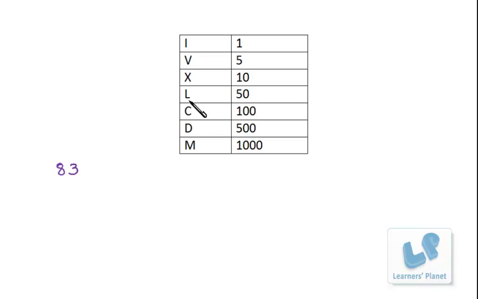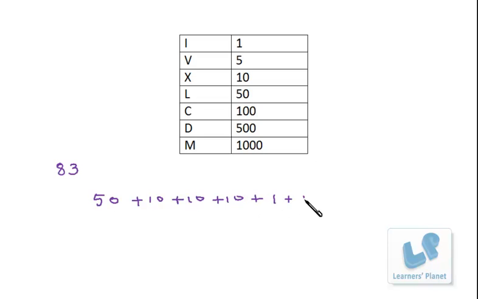So what we do is we will represent it with the help of L. The value of L is 50. So it's 50, then 10, that is X, further 10: 50, 60, 70 and 80. Now I repeated X for 3 times only, then 3, that is III.